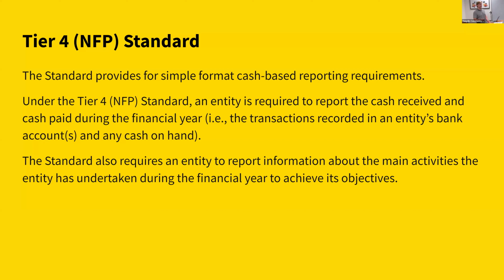Under the Tier 4 NFP standard, an entity, so your charity or incorporated society, is required to report the cash received and the cash paid during the financial year. So, for example, these are the transactions that are recorded in your entity's bank accounts and also petty cash that you may have on hand.